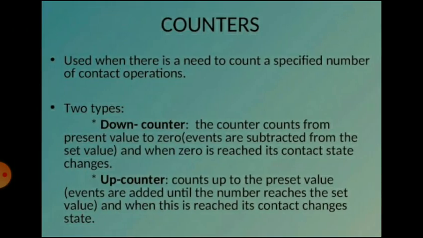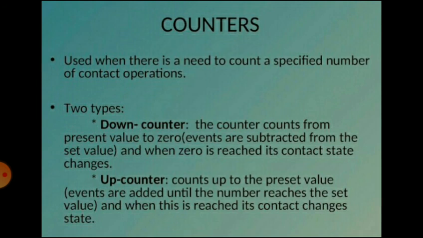Then the counters. They are used when there is a need to count a specified number of contact operations. There are two types. First, the down counter. In a down counter, the counter counts from the preset value to 0.